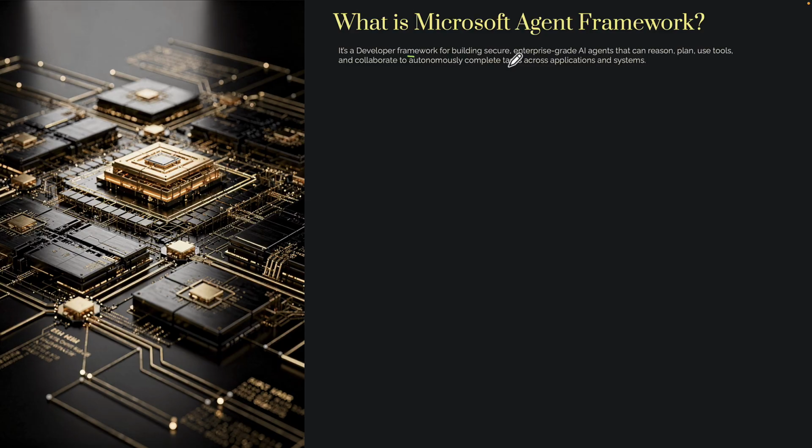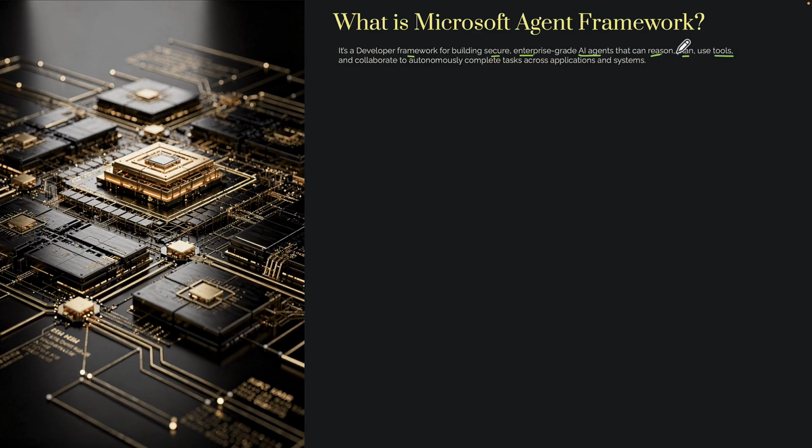It's a software development kit or a framework which is used for building secure, enterprise-grade AI agents that can reason, plan, and use tools. So the aim is that you need to move a step forward.